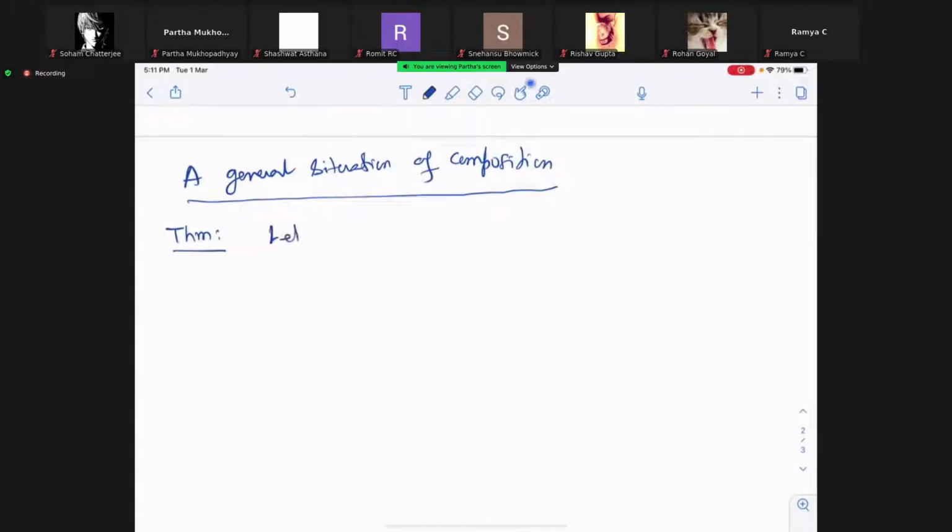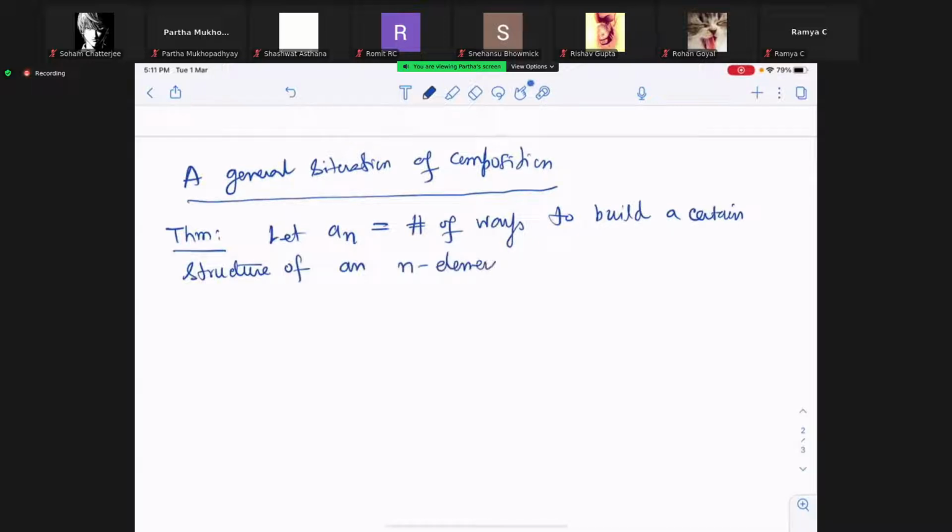Let a_n be the number of ways to build a certain structure on an n-element set. What I mean by a certain structure is very problem specific, so at the moment don't worry about it.